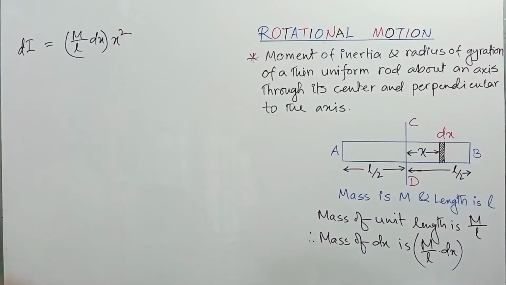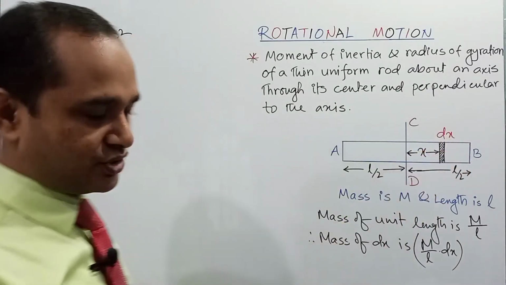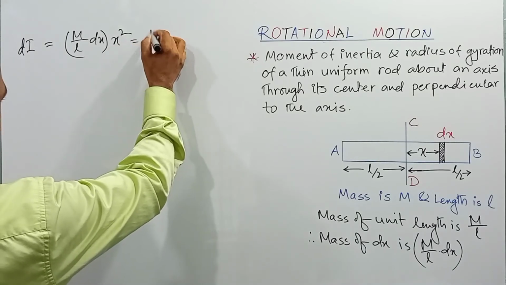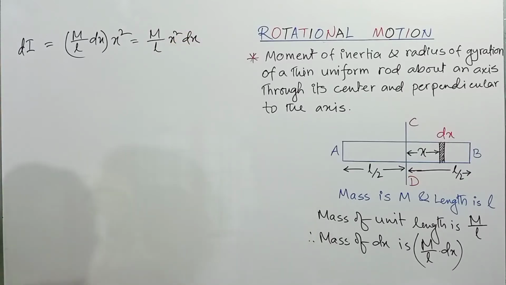Dear student, this is the expression for the moment of inertia of this selected portion with respect to the axis CD. We can simplify it: M by L, x square dx.